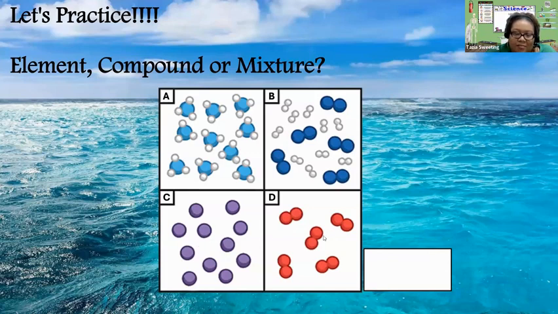Then look at D, tell me if D is an element, compound, or a mixture. You could type it in the chat.